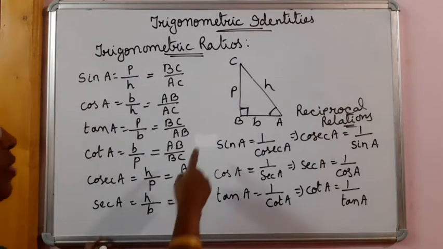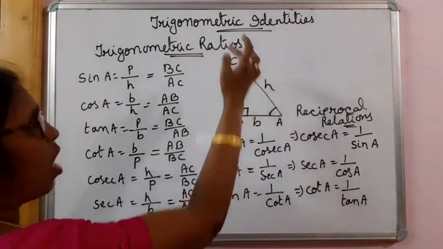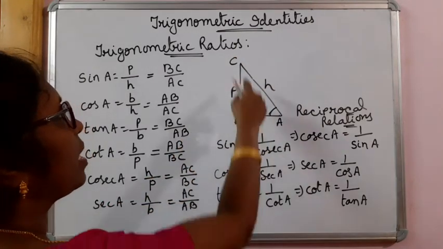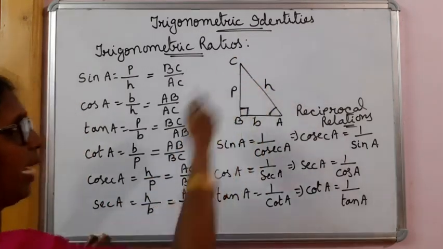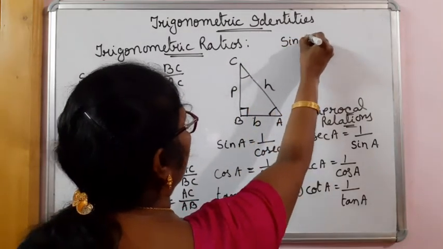Okay? When we say for angle C, if we take sin C, opposite here is AB by hypotenuse. Sine of angle C if we take for this angle. So just let me give you one example.